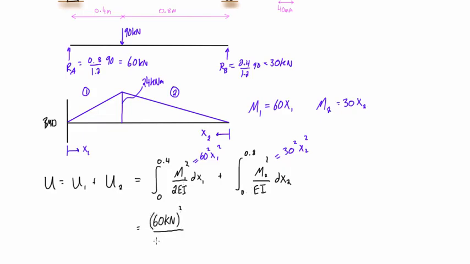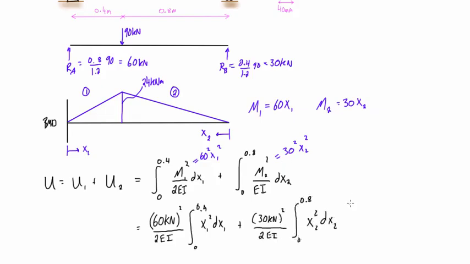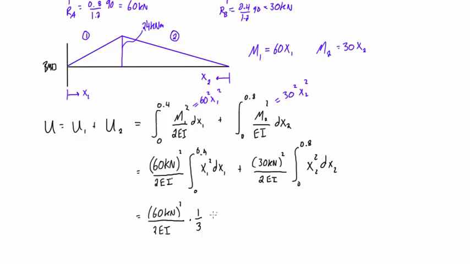And then this stuff on the bottom is 2EI times that integral from 0 to 0.4. And what's left here is x1 squared with the dx1. All right, now for this section, for the strain energy in region 2, we can pull out the constants again.